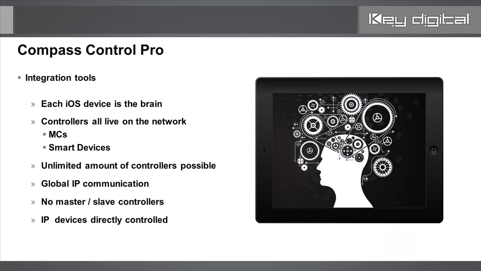Each and every iOS device is its own brain. We don't have to rely on the control processor or master controller to be that brain. And all the devices just live on the network. From your iOS smart devices to your master controllers, they communicate over the network, which is essentially immediate. And that allows there to be an unlimited amount of controllers possible.